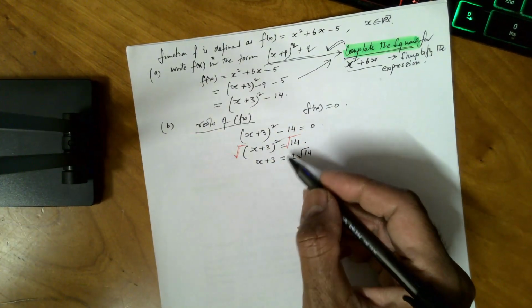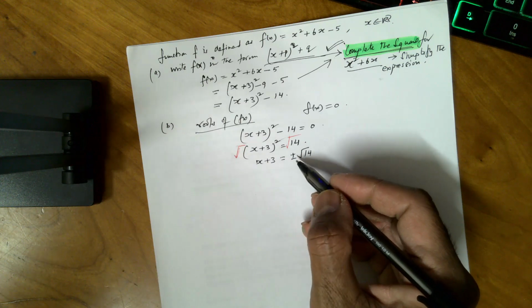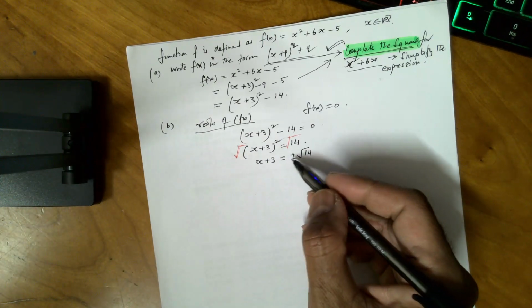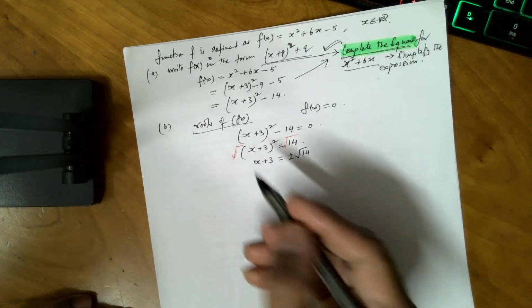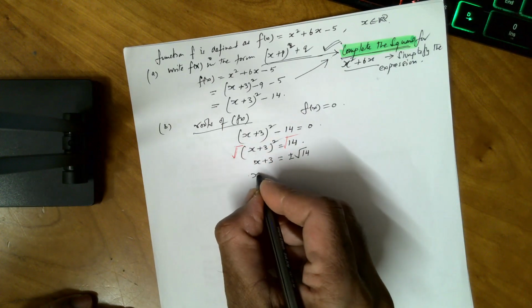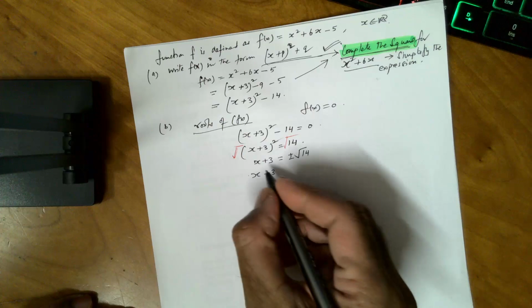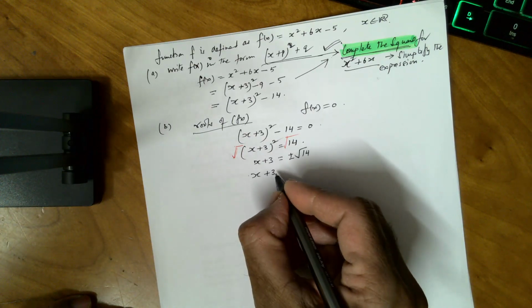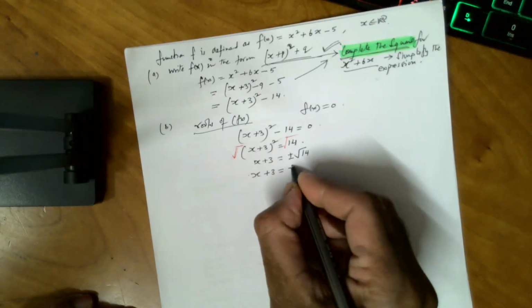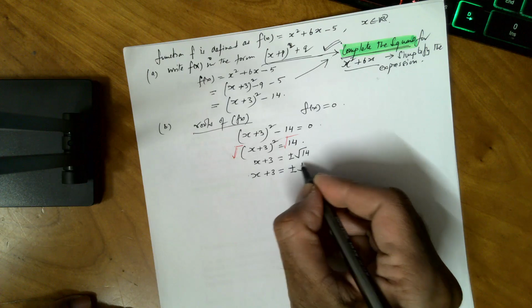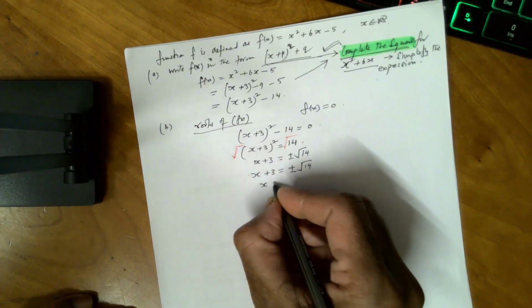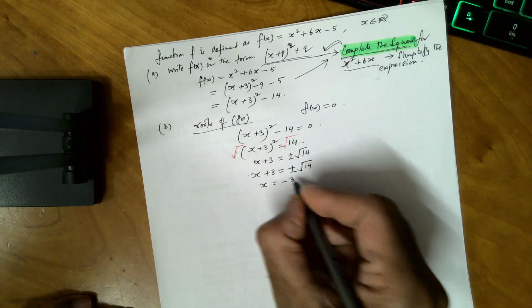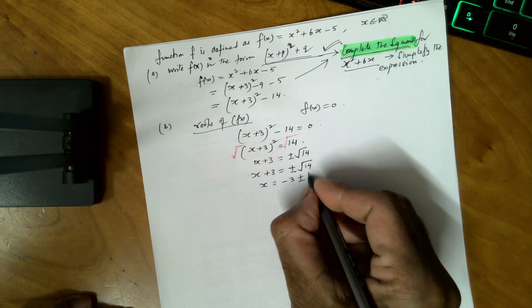So that cancels out your square with the square root to solve this equation. Yeah, but however, you need to write here plus minus because this could be any number, both plus and minus as well, right? So x plus 3, I already have given you that. Okay, I'll write it one more time, clear for you. And then your x will be equal to minus 3 plus minus square root of 14.